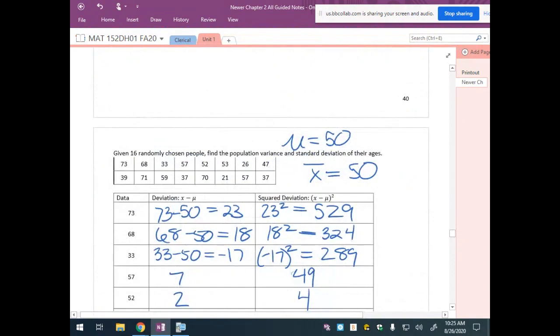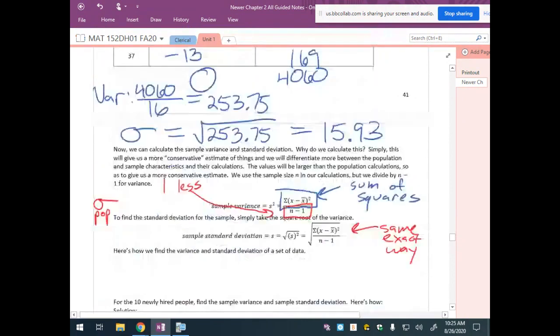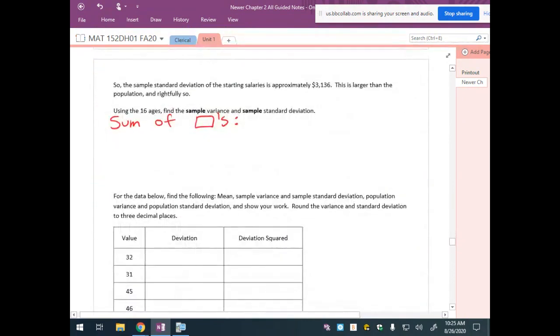The sum of squares was 4,060. So the sample variance, we take 4,060, but instead of dividing by 16, what are we going to divide by now? 15.